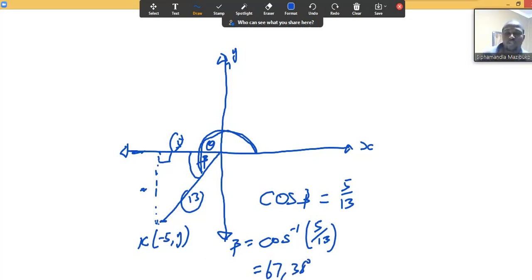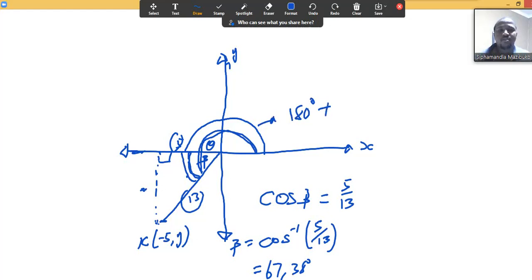So we know what this angle here is. The required answer is theta, so we got beta, and then we need to find theta. We know that from here to here is 180 degrees, but then we add beta.